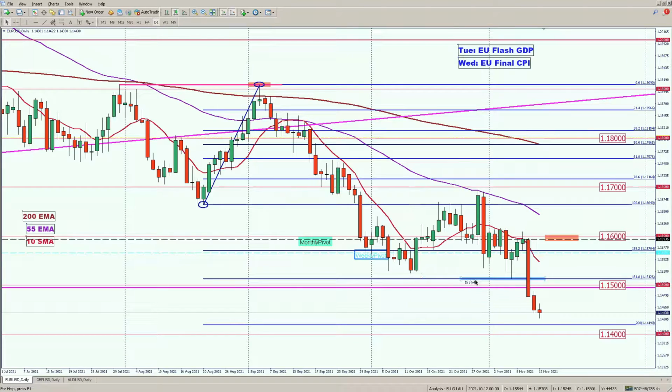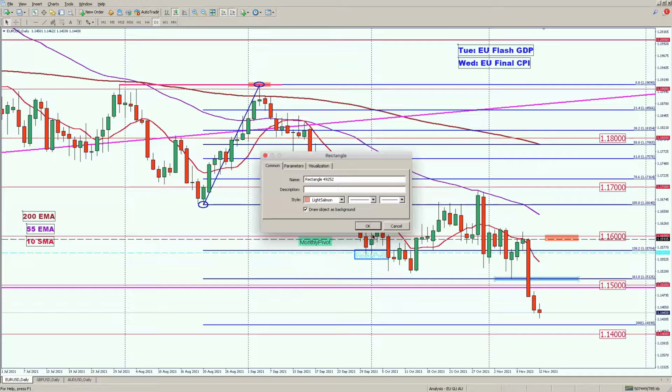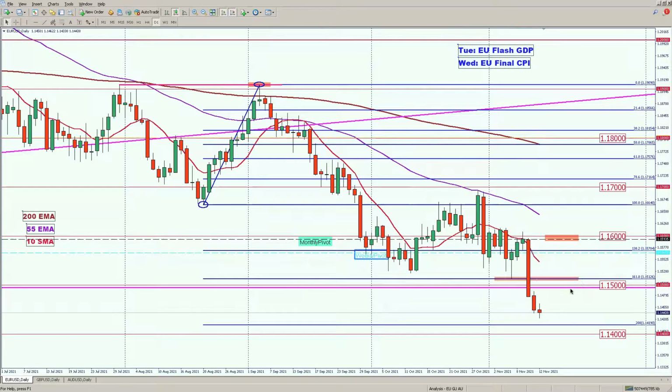Right, so this area at the 162 fib, which was intermediate support, will now become a resistance zone. And that's at 115.13.